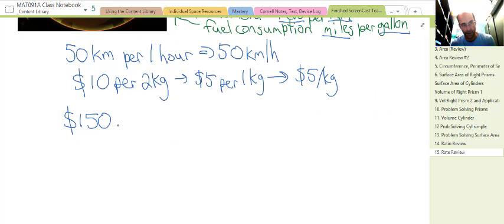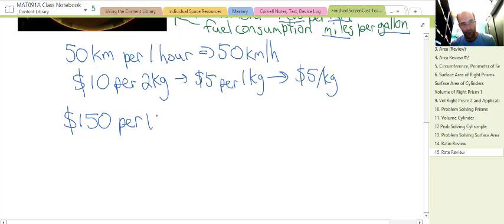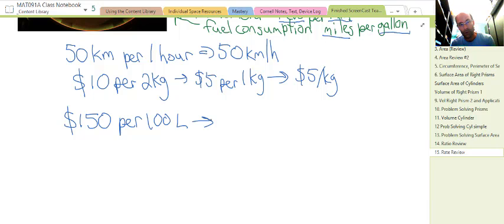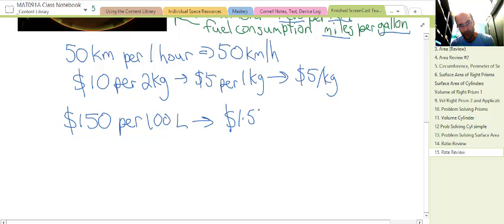If we were filling up a vehicle with a large fuel tank, like a four-wheel drive, it might cost us $150 per 100 litres of fuel, which would mean we would spend $1.50 per each litre.